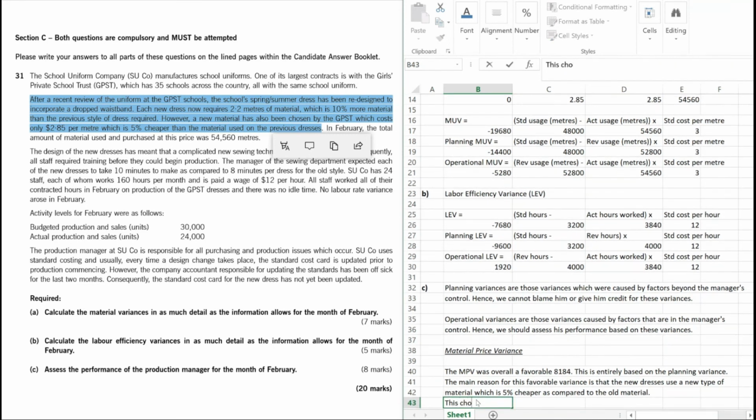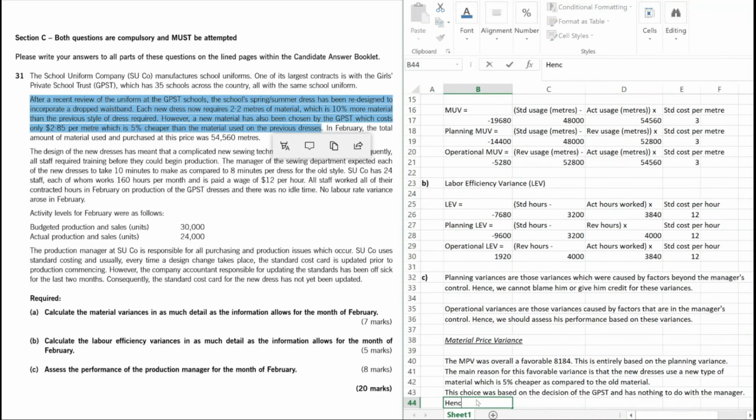This choice was based on the decision of the GPST, which was a trust, so the manager has nothing to do with them. Hence, he cannot be given credit for this.